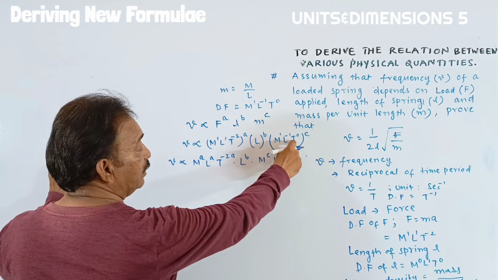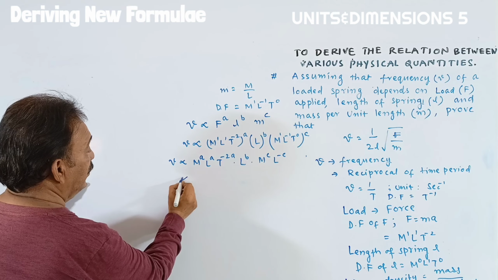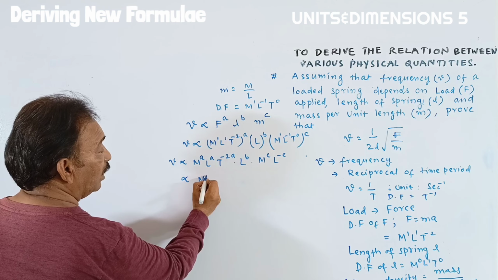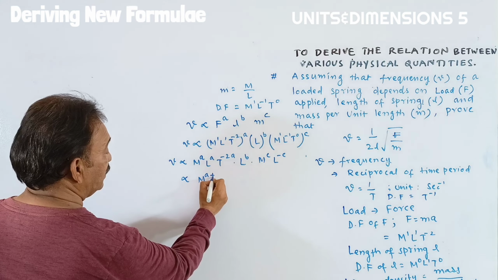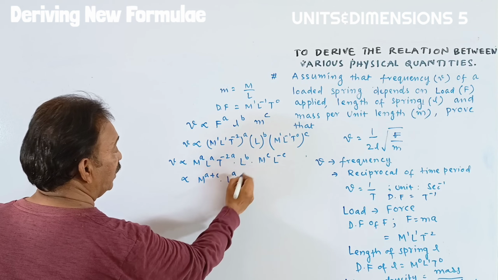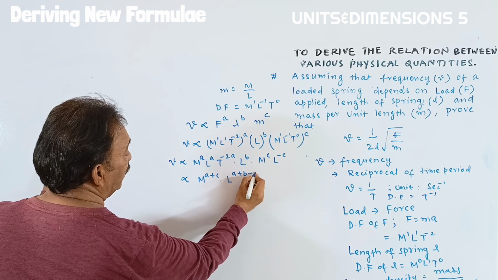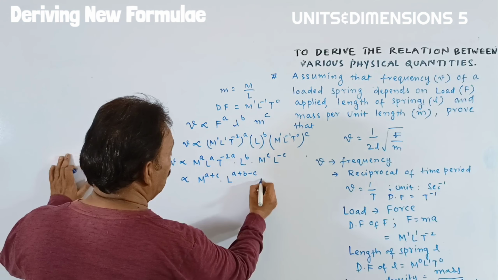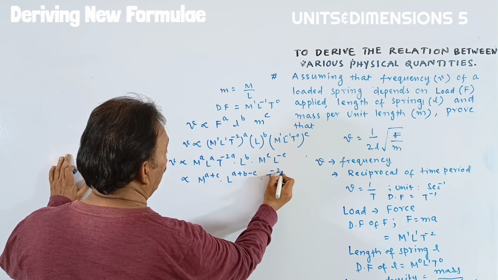I'm neglecting the T. Then M to the power of a plus c, L to the power of a plus b minus c, T to the power of minus 2a.